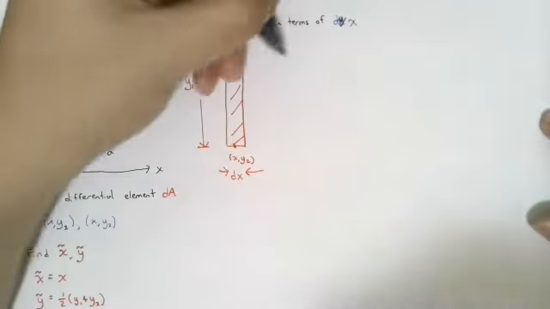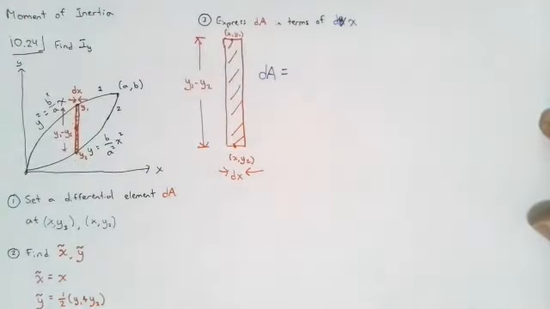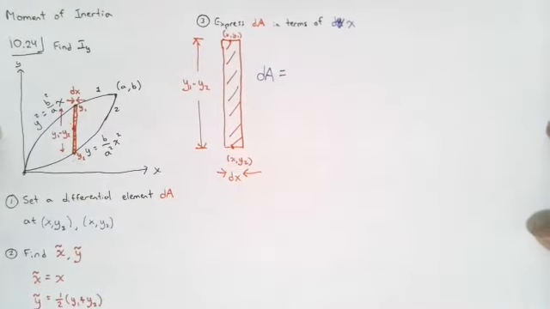So if I ask you to calculate dA based on the dimensions that are given here, what is dA? It'll just be y1 minus y2 times dx.